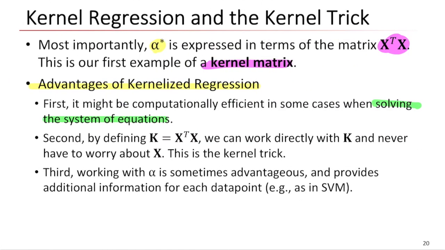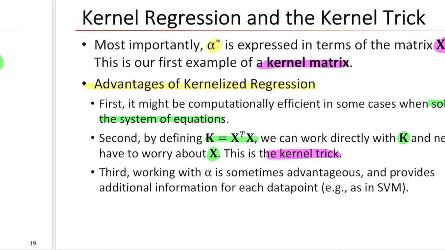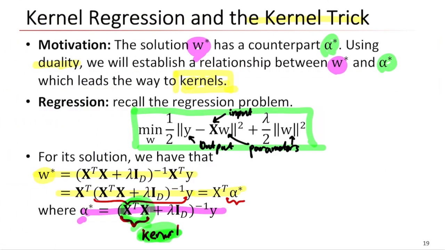Another advantage is that by defining K equal to X transpose X, we can work directly with K and never have to worry about X. What does it mean? This is called the kernel trick, which will be discussed later. To estimate this alpha value, if we have the kernel, we don't need to know X, because X only appears through this matrix term.